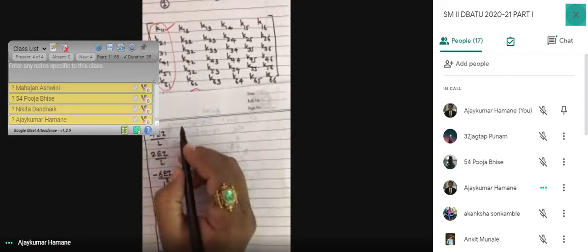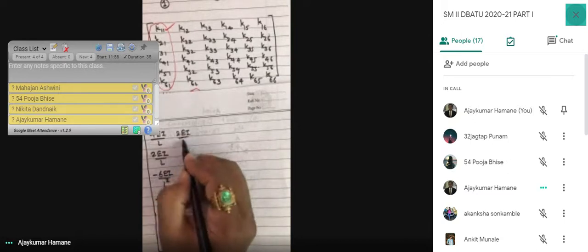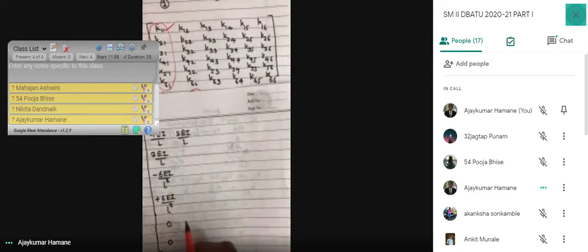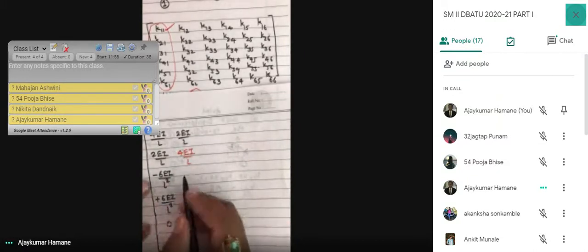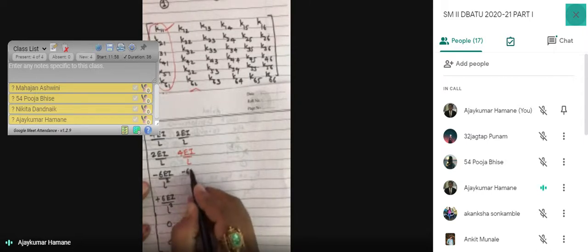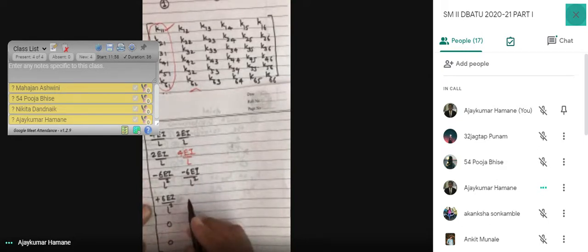Now K12 2 EI by L. I will write like this. K22 4 EI by L. Okay. K32 minus 6 EI by L square. Now K42 plus 6 EI by L square, 0 0.